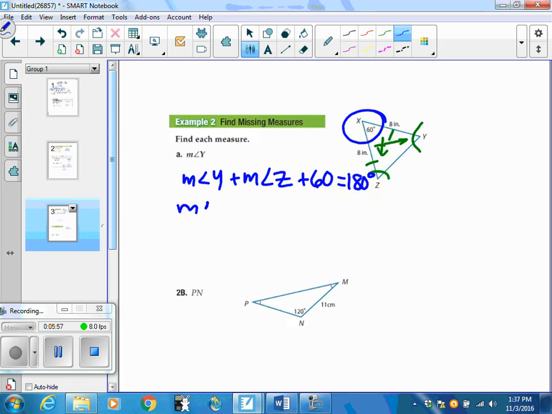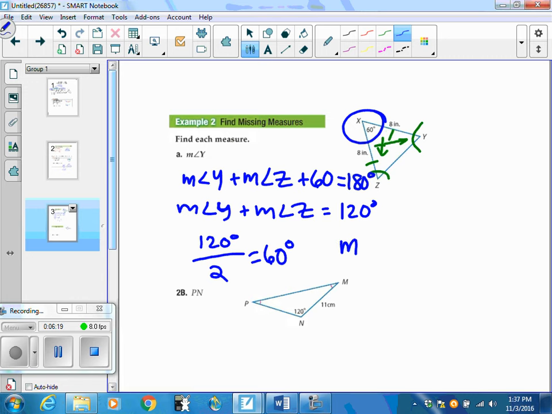So that means the measure of angle y plus the measure of angle z would equal 120 degrees. Well, since y and z are congruent, they have the same measure, I would just take 120 divided by 2, which is 60 degrees. So y and z both would have to be 60 degrees.